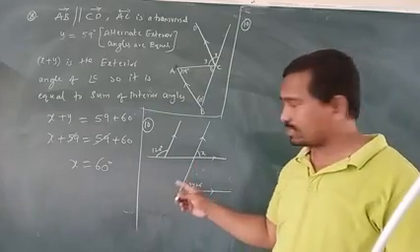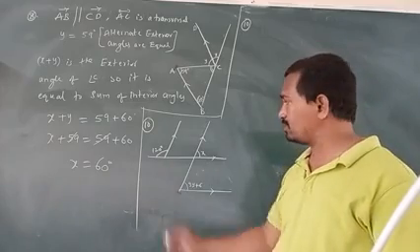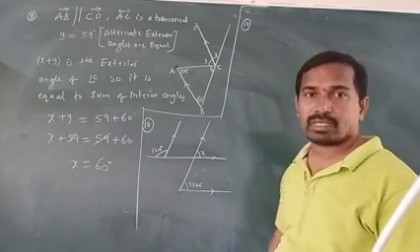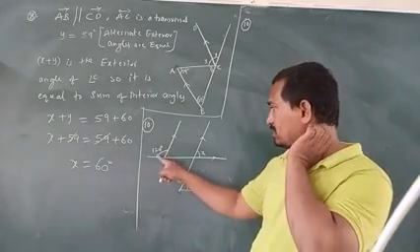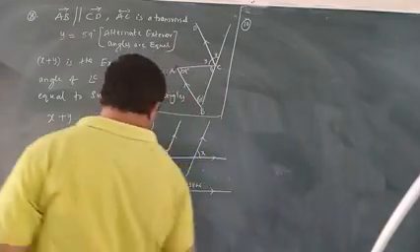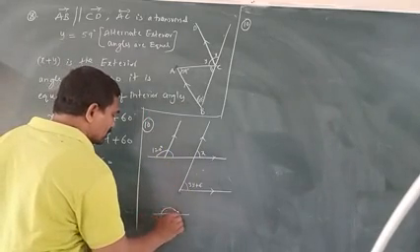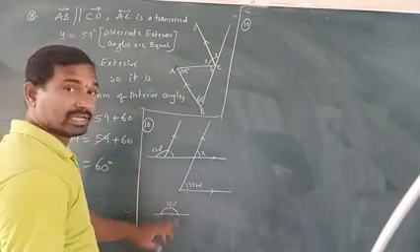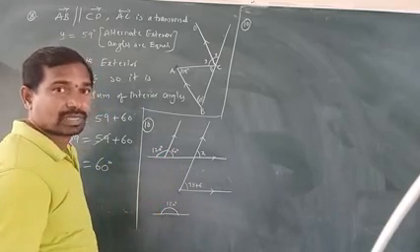Now see the 10th one in this figure. Find the values of x and y. The arrow marks are parallel lines. These two are parallel, and these two are parallel. See children, here this is 120 degrees. The total along a straight angle is 180. So this is 120, and what about this one? 60.